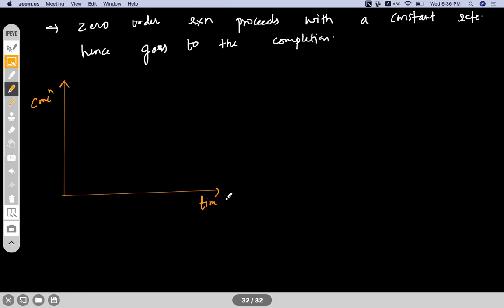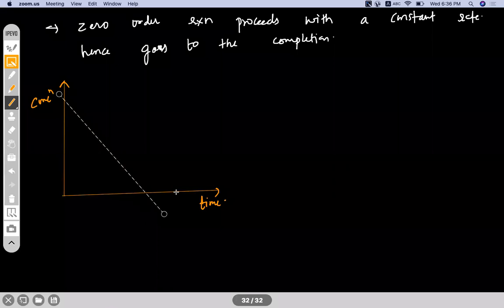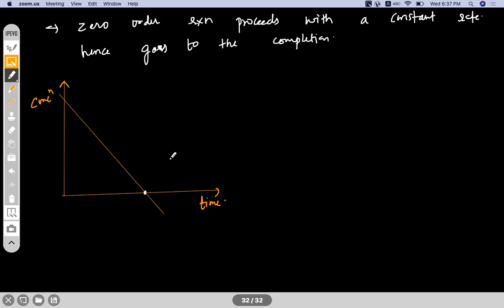In the concentration and time graph, you see it will be a straight line, the form y equals mx plus c, where this point would be A naught by k, and here the coordinate is, putting t equals 0, we get A naught. Slope of this line you also know, that is k.